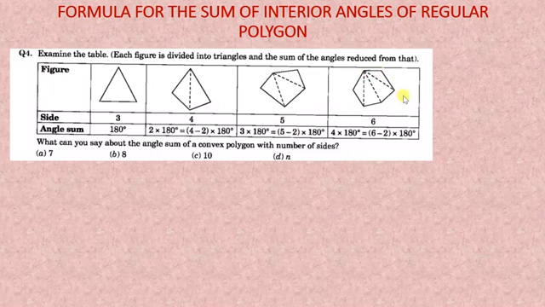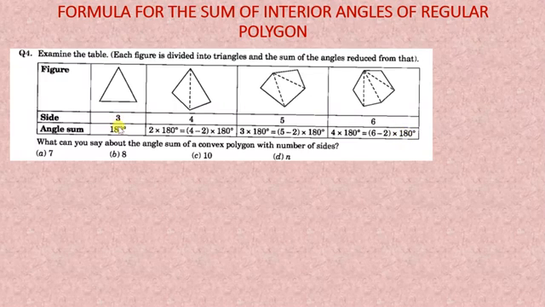Similarly, in the last figure, we have a hexagon. If we draw three diagonals of it, it is divided into four triangles, and the sum of the angles of each triangle is 180 degree. So the sum of all the angles of this hexagon will be 4 multiplied by 180 degree. And to have a relation with its number of sides, we can write 4 as 6 minus 2, multiplied by 180 degree.